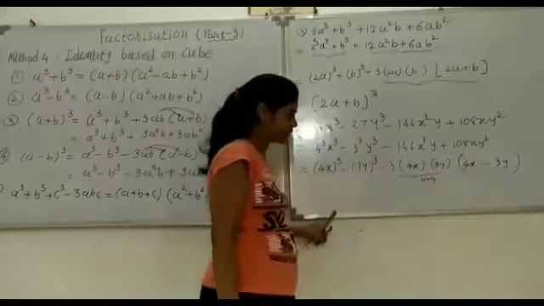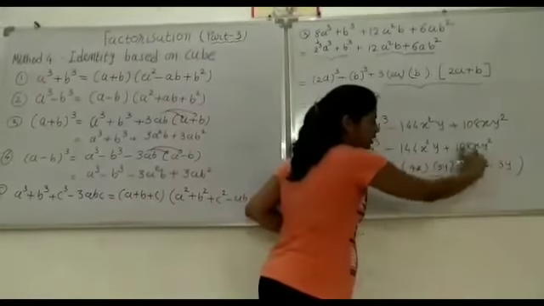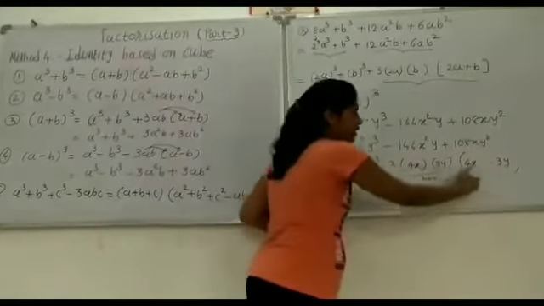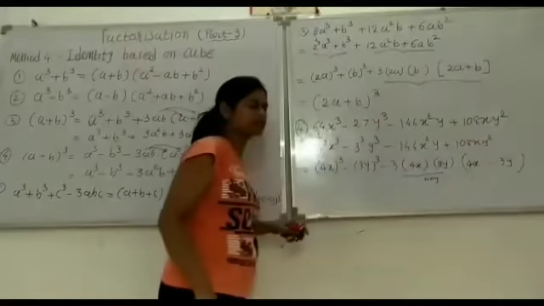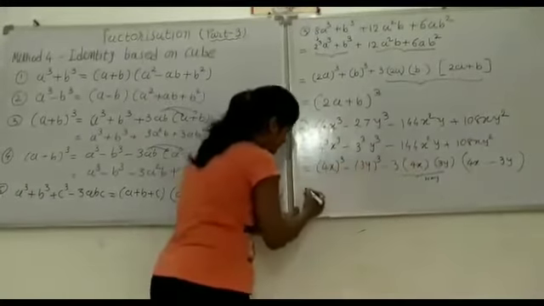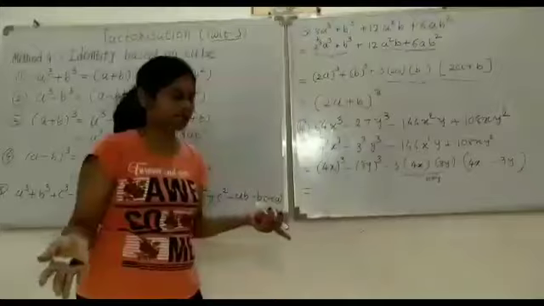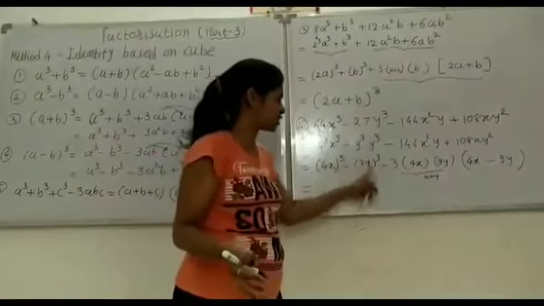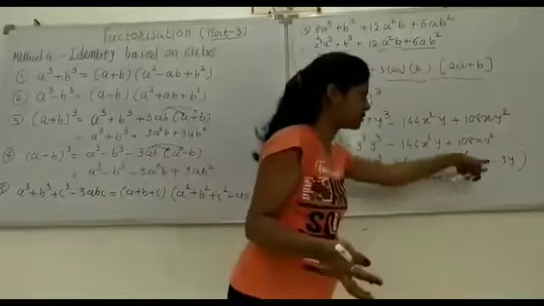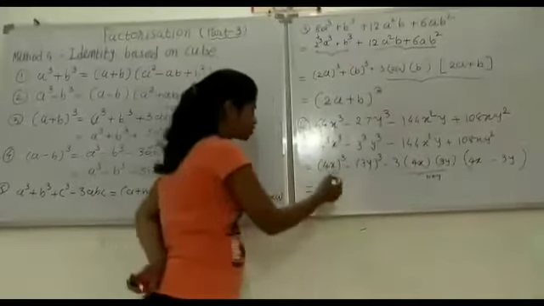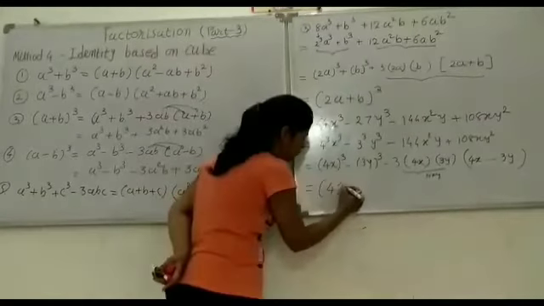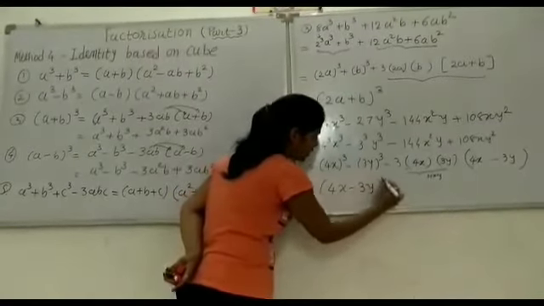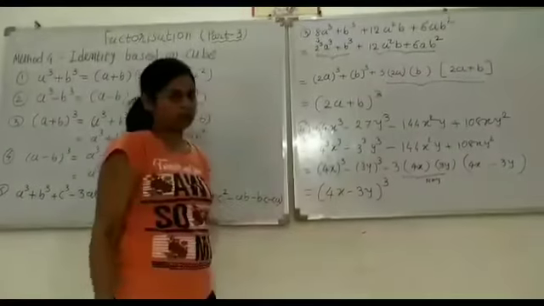Yes, there is a plus: 36 into 3 becomes 108, xy into y becomes xy square. Now this is the expanded form of which identity? a cube minus b cube minus 3 times ab in bracket a minus b. So this is your identity, 4x minus 3y whole cube.